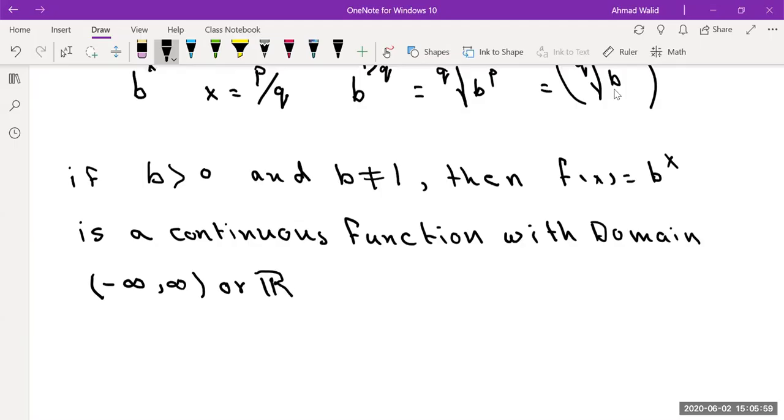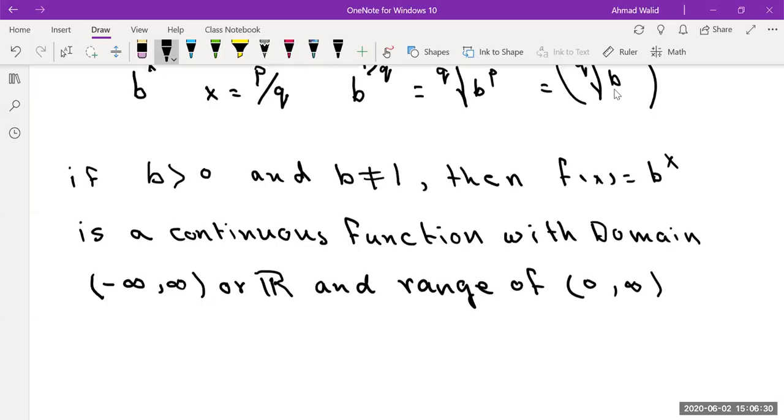In your book, they use this R. It means all real numbers. The domain of your function is all real numbers, and the range is zero to infinity. Because b is always a positive constant, b cannot be negative. b should always be greater than 0.